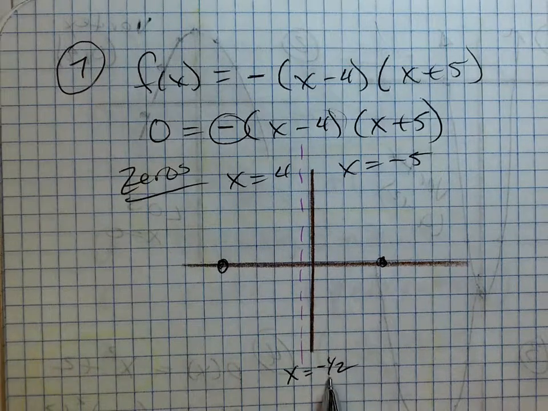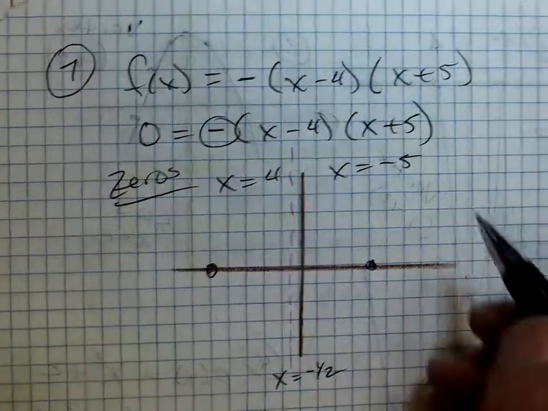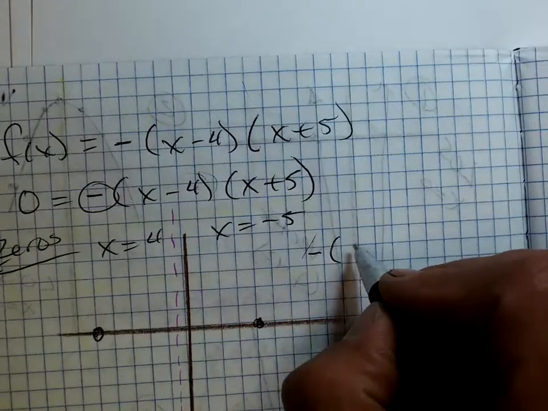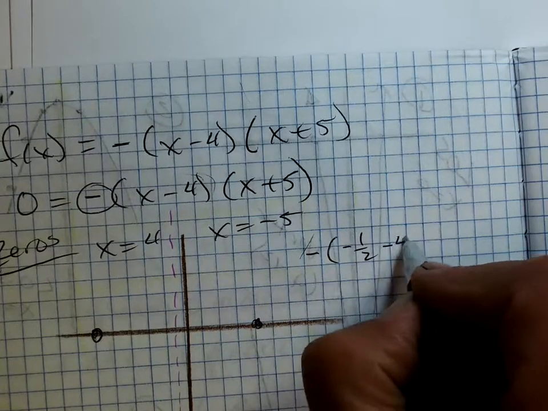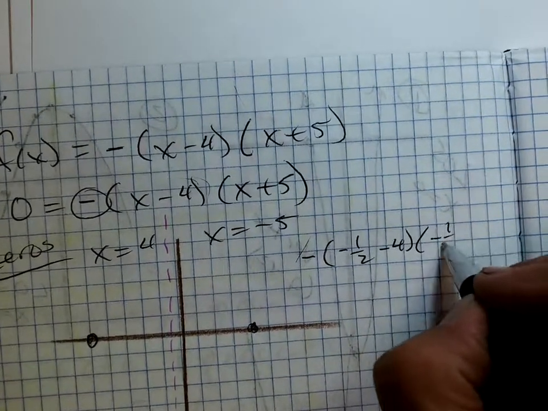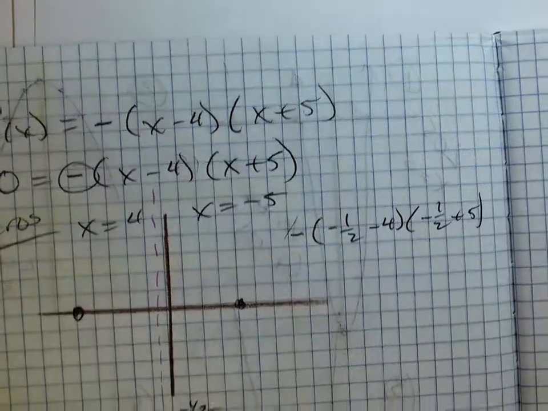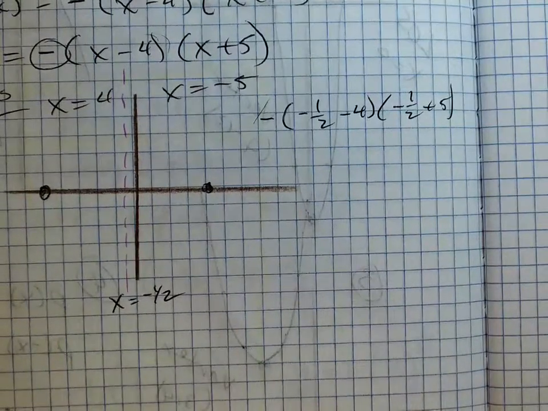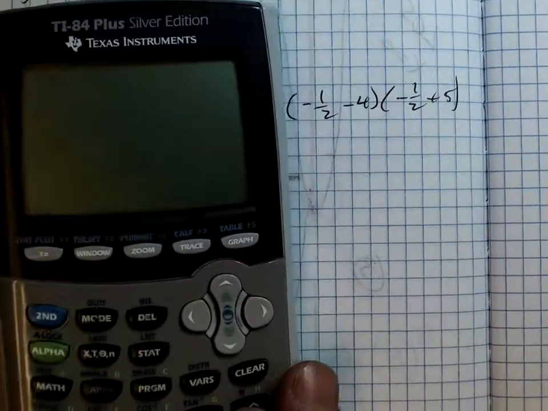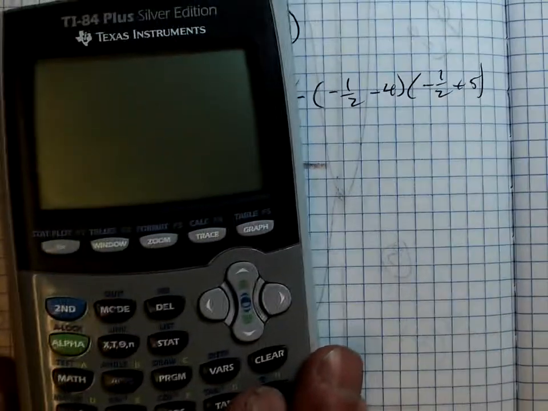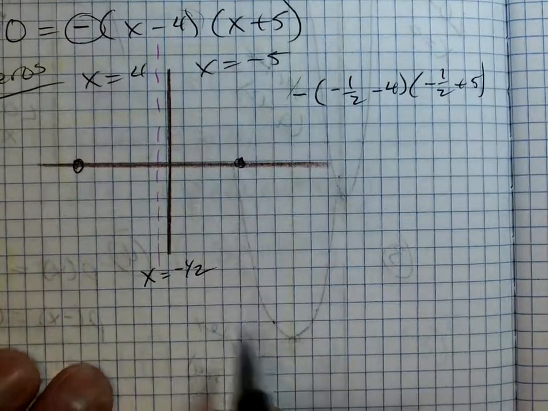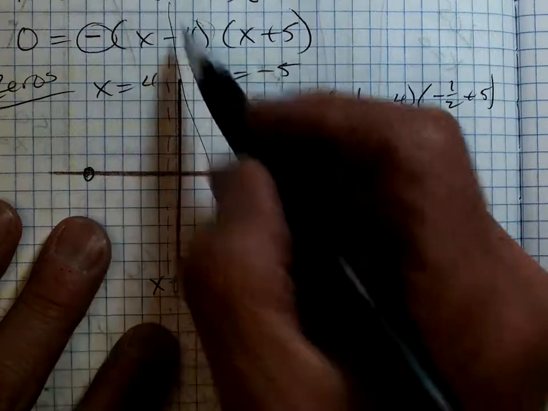Let's take negative 1/2 and plug it in. I'm going to go negative of negative 1/2 minus 4 times negative 1/2 plus 5. I'm going to use my calculator. Let my calculator do the work. I'll shift it so you guys can see. I just plug the negative 1/2 in for x.